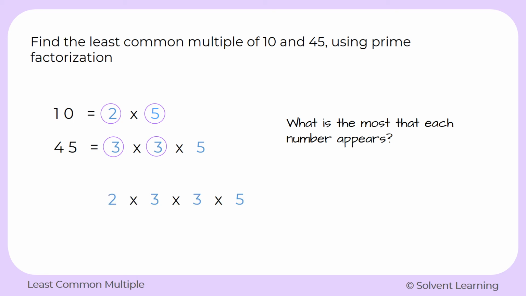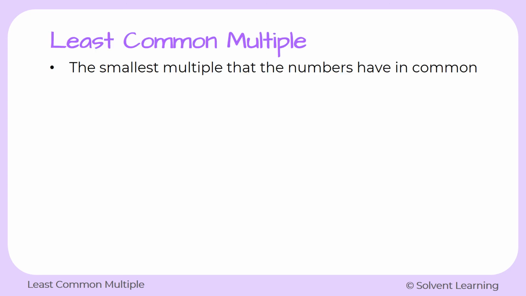List those out, multiply them together, and we get 90. So now we know that 90 is the least common multiple of 10 and 45. And we would get the same answer by listing out the multiples like we did in our other example as well. So you have 2 different ways that you can find the least common multiple.